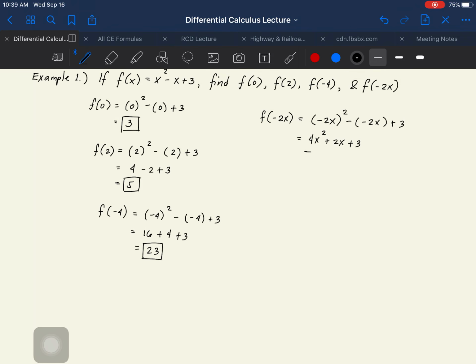So that's it. That's the answer. When you get used to constants and then you have an equation, don't look for a constant here. That's already the answer, the equation here. So that's for your example number 1.